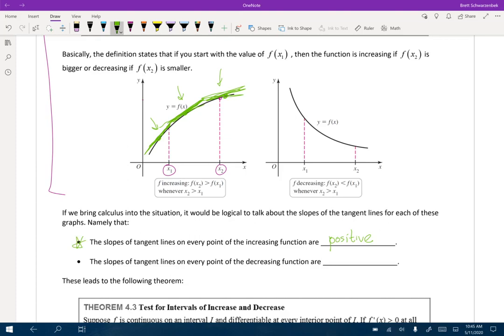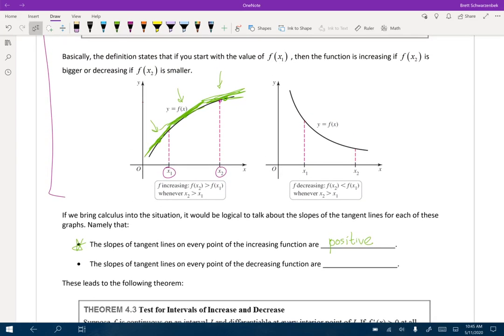That's going to help us determine whether a function is increasing in different parts of its interval when we don't have the graph, because when do we ever have the graph, right? So if you look here at this function, I draw a tangent line here, here, and here, let's say. What do we know about this?